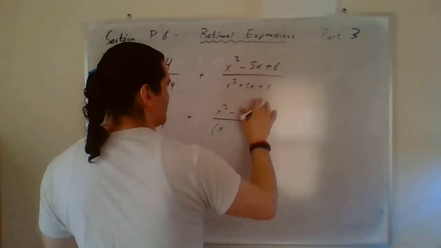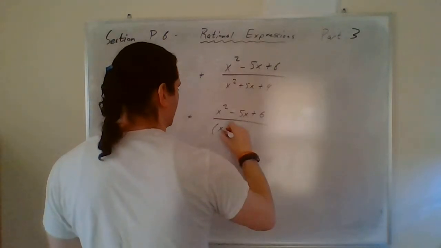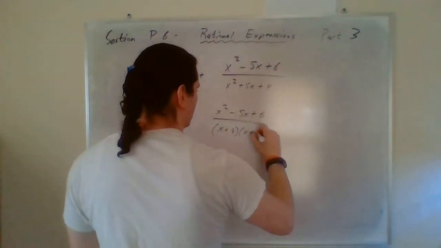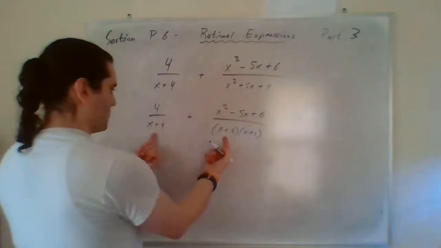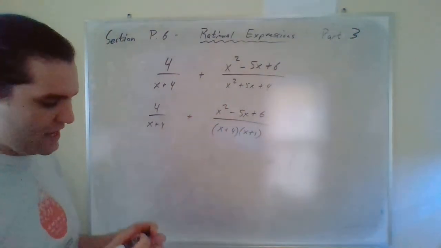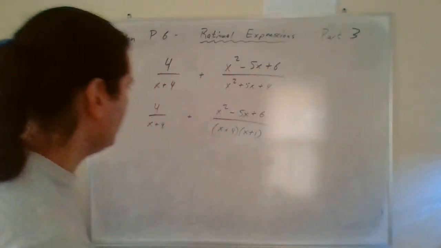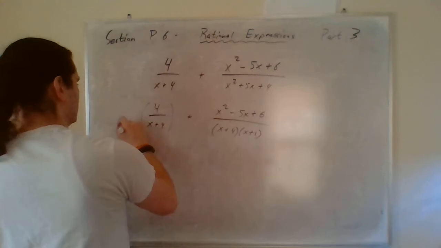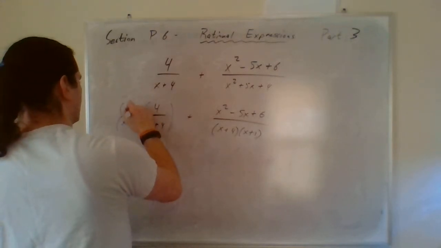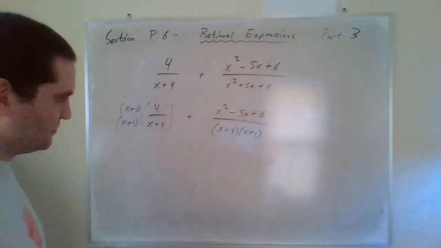This is going to factor into positive 4 and positive 1. So we have a matching bit. We can use that to get our common denominator. All we need is for this to get an x plus 1 and an x plus 1. So we'll toss that in there.